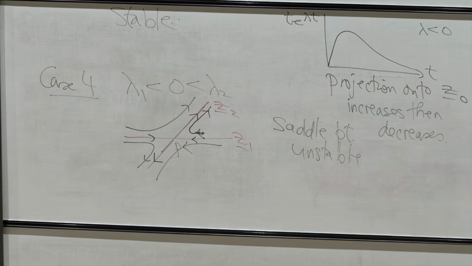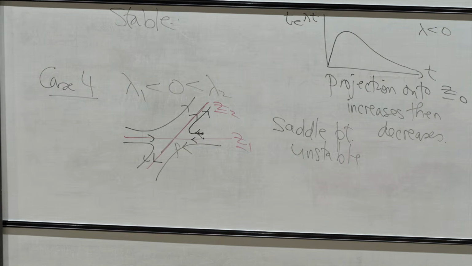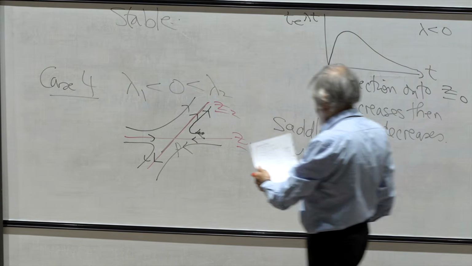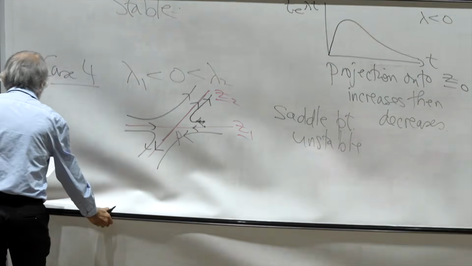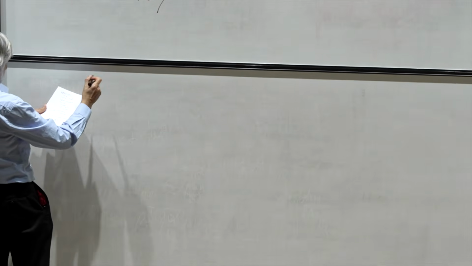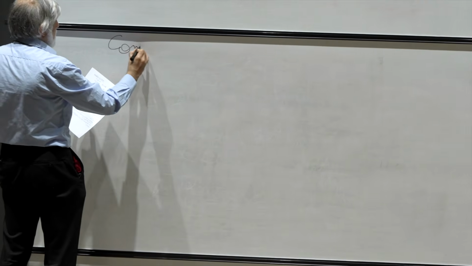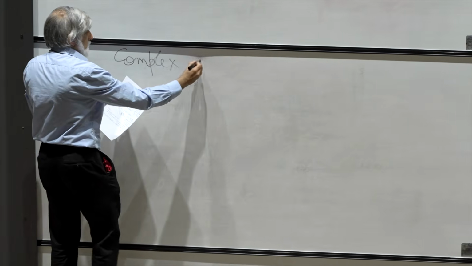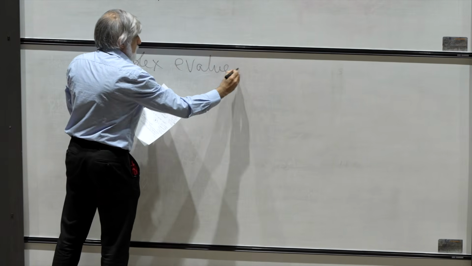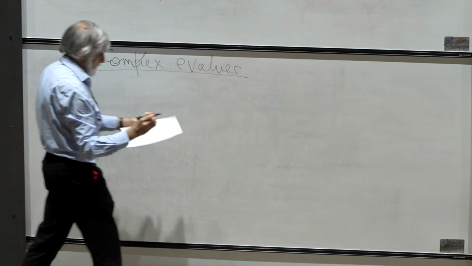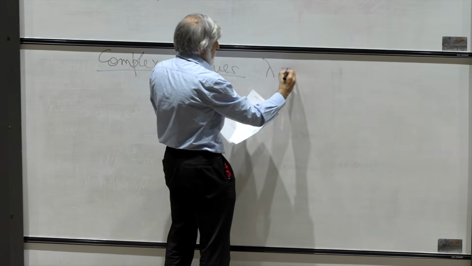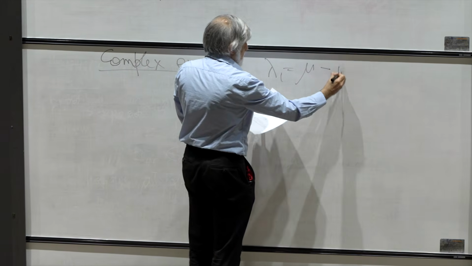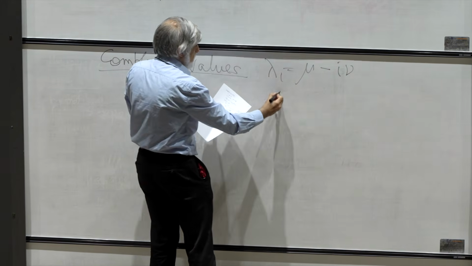So that leaves us with the final thing, which is complex eigenvalues. So lambda 1 is mu minus i nu.